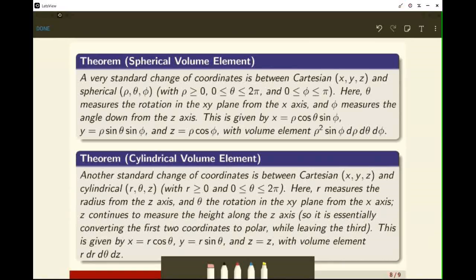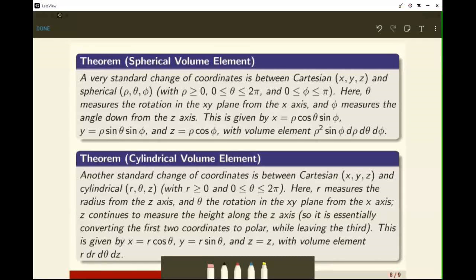So our volume element would be r dr d theta from the area element of polar coordinates, and then times dz because we've kept Cartesian height, and so we can even write this as z equals z. A little bit cheesy there.